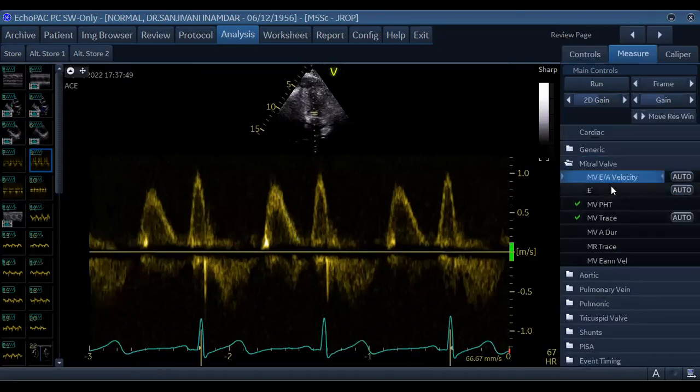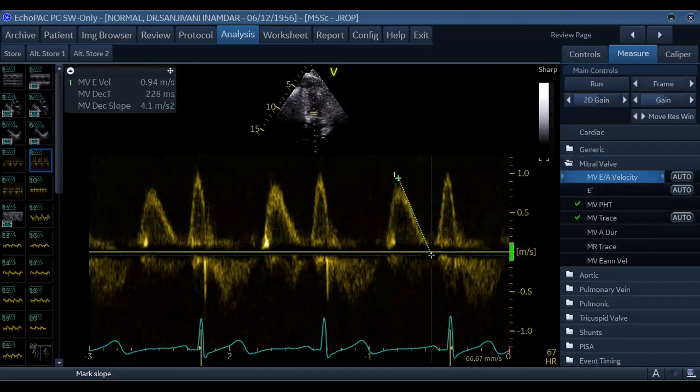Now you can see this is the E/A ratio, right? So this is the E wave, and then I'm coming to the bottom along the slope. This is known as deceleration time. Look at the left side of the screen, 230 milliseconds. Can you see the deceleration time? Yes, sir. So this is the mitral valve deceleration time.